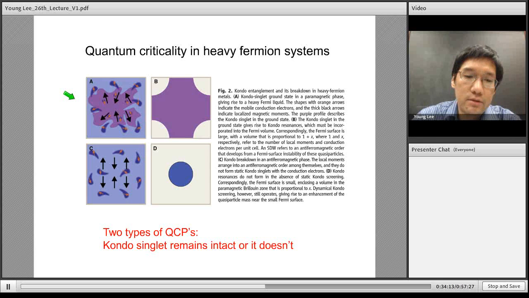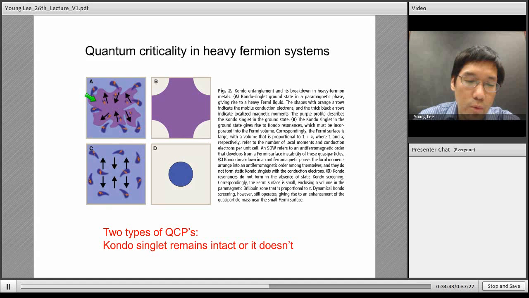Right? In this picture up here, this is trying to show you a cartoon of these large black arrows, which are the f electron moments, and then the smaller red arrows are the moments in the conducting c, and they form these singlets. So this is your hybridized Kondo singlet.